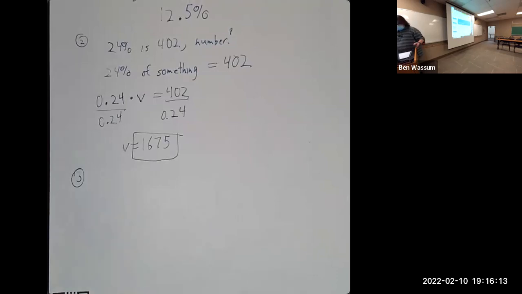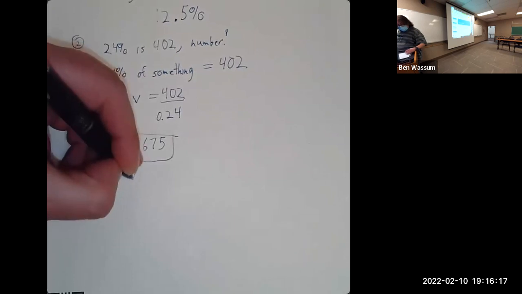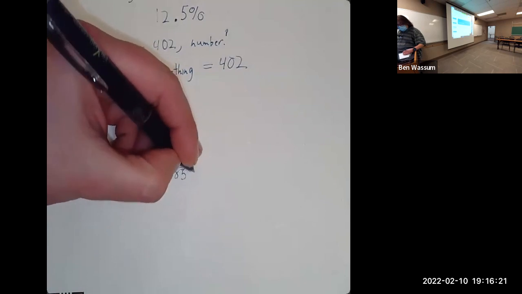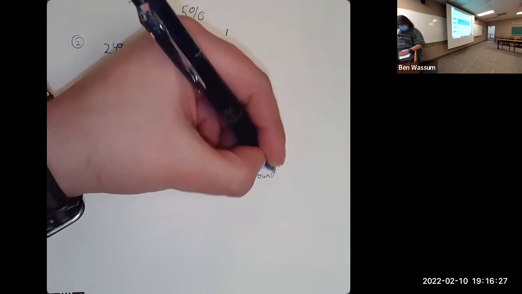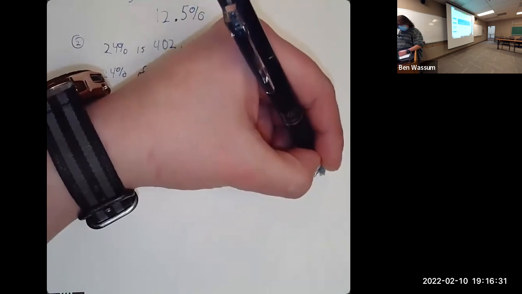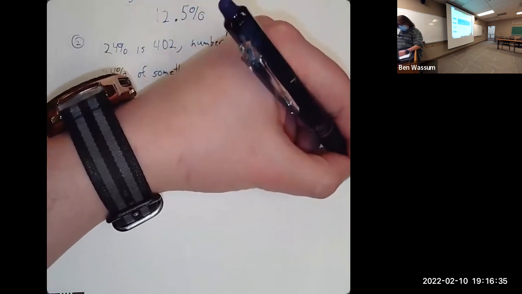The next one is saying what percent of 850 is 78, and round to 3 decimal places.